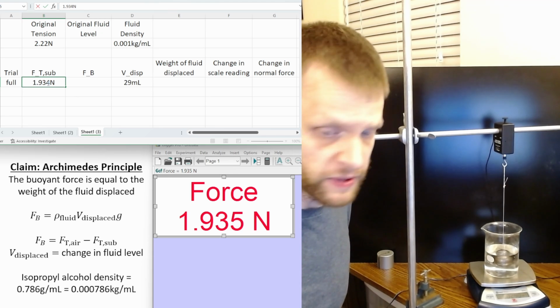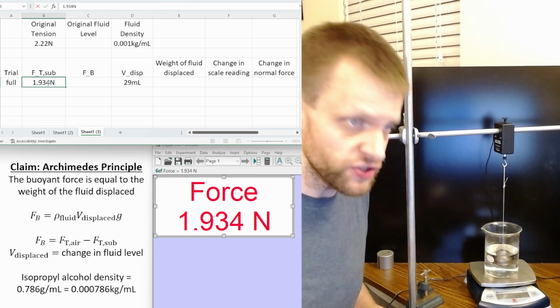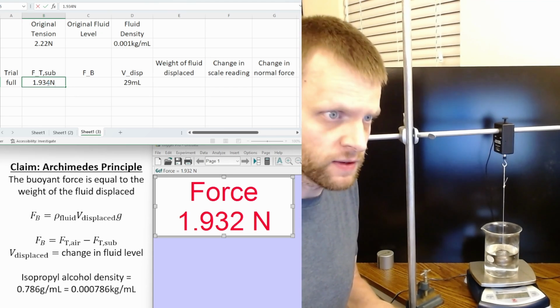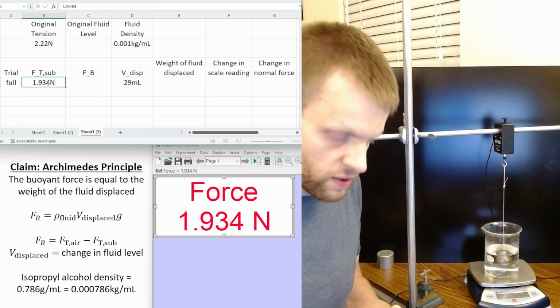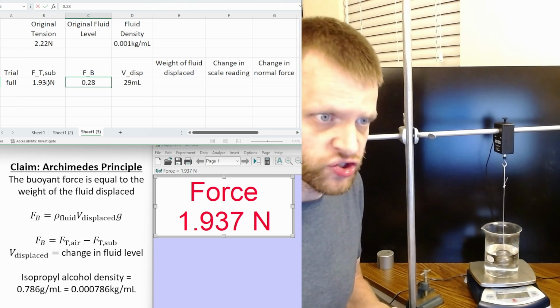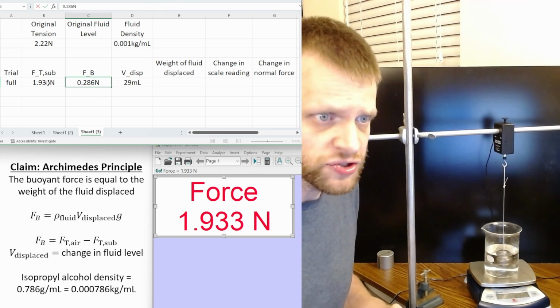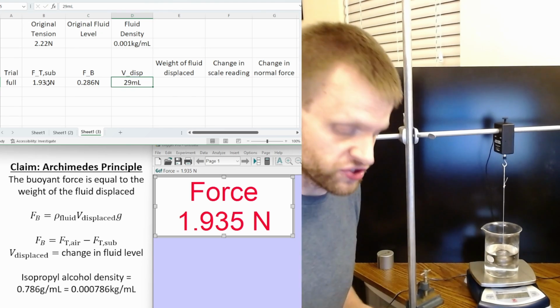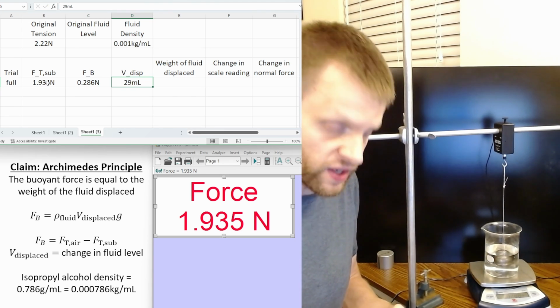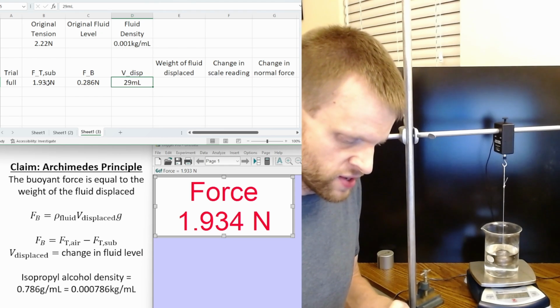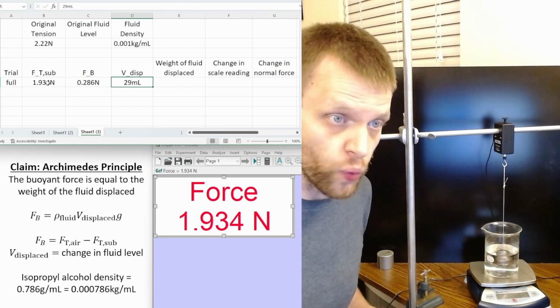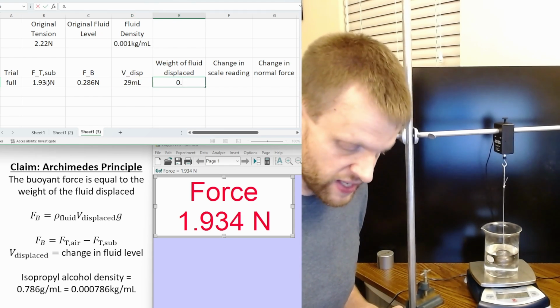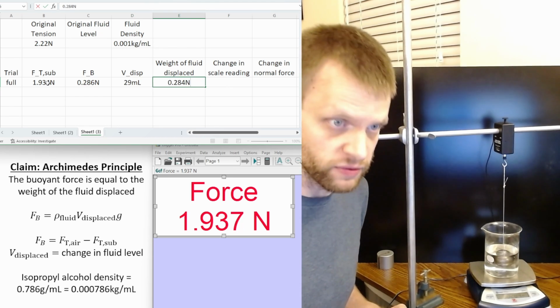And if we measure the difference from the original tension, I get a buoyant force of 0.286 newtons. If we take our volume displaced, which was just the volume of the steel sphere, so 29 times 0.001 times 9.8 to get the weight of the fluid displaced, that gives me 0.284 newtons.